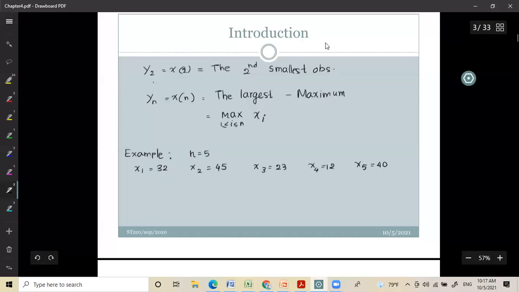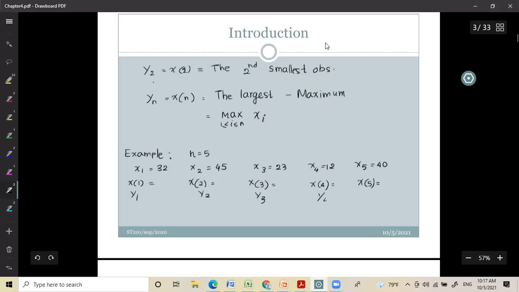Shall we order this data set and tell me these order statistics? So this will be Y1, Y2, Y3, Y4, and Y5.